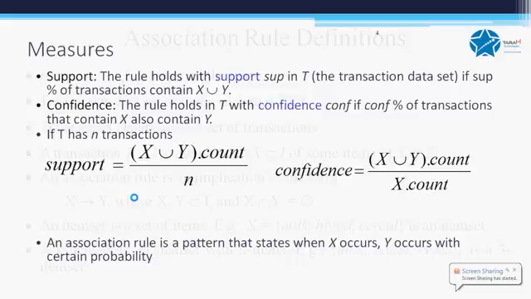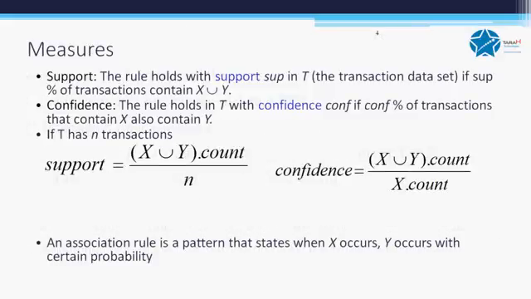When we talk about how you measure the success of having discovered an association rule, there are two primary measures. One of the important measures is known as support.